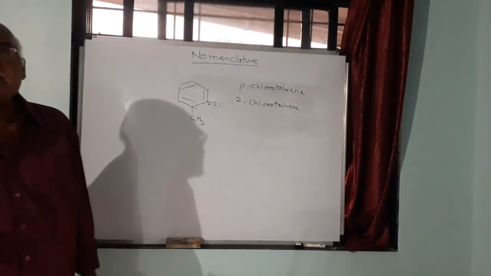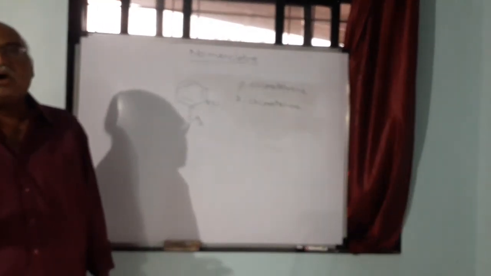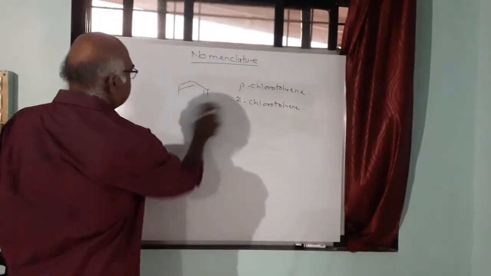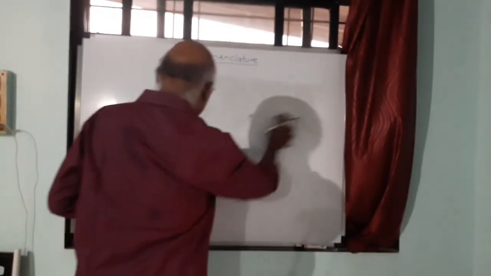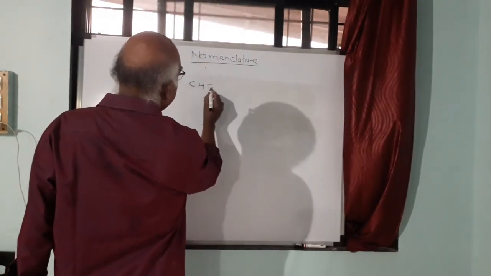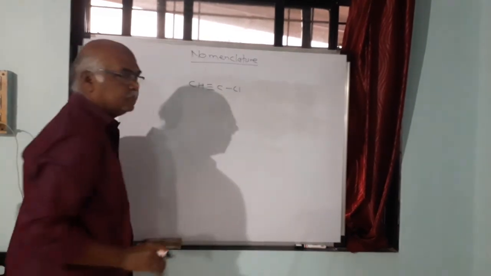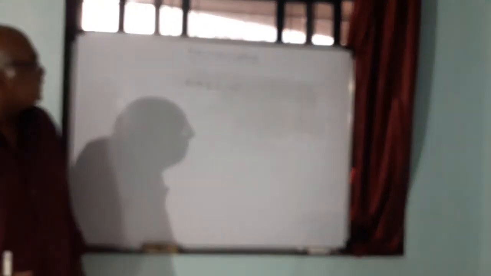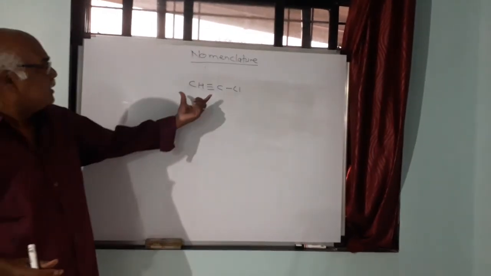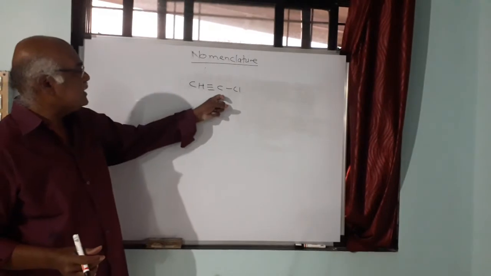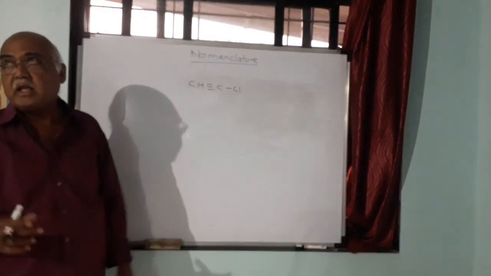One more example we'll see, the nomenclature of monohalogen derivative of alkyne. So we'll see that particular alkyne. Yesterday we have seen that particular compound, CH triple bond C and Cl. Okay. So what is this? In the common system of nomenclature, we know the first member is acetylene, and this is a chloro derivative of acetylene.